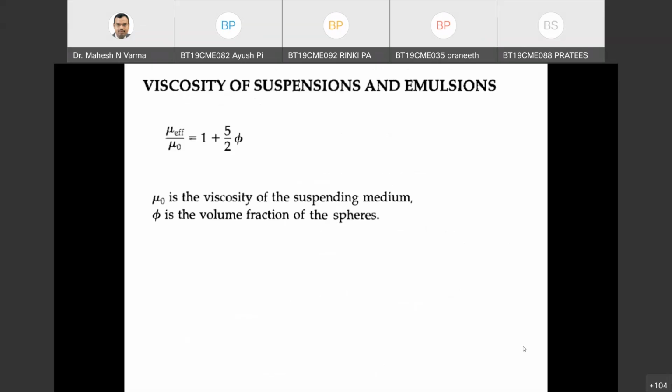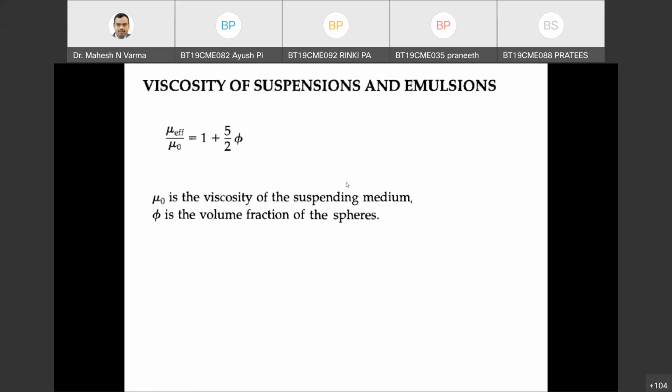Okay, so now viscosity of suspension. So emulsion and suspension is there. So effective viscosity, this is the effective viscosity you can calculate. Mu zero is the viscosity of suspending medium. Okay, so say there will be some suspension also which will behave non-Newtonically.